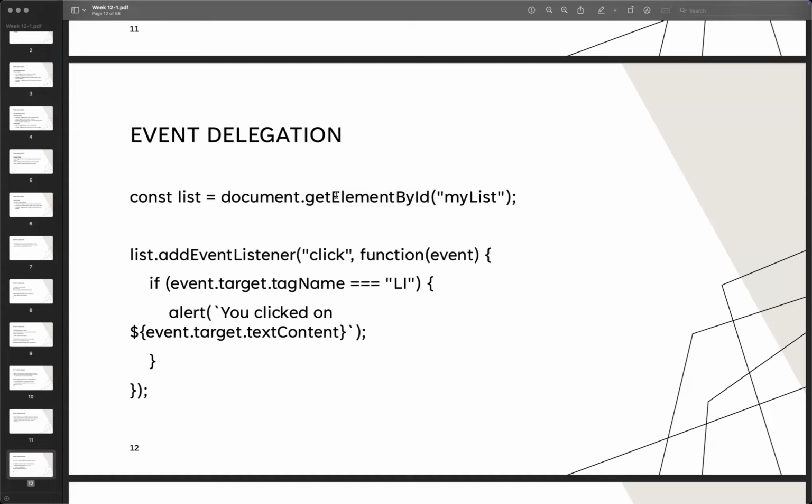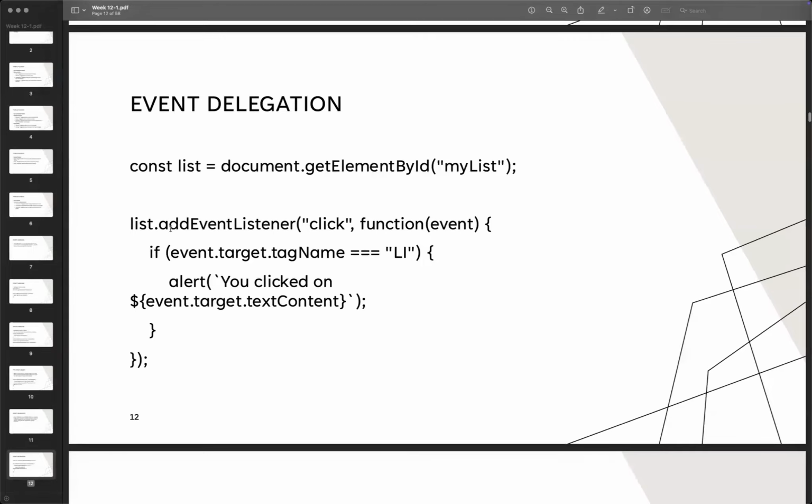Then we can get the element using the ID, as a constant list, and we try to add the event listener for this list. So we have a click, and when we detect the event, we pass the target and check the tag name. It's called list, li.